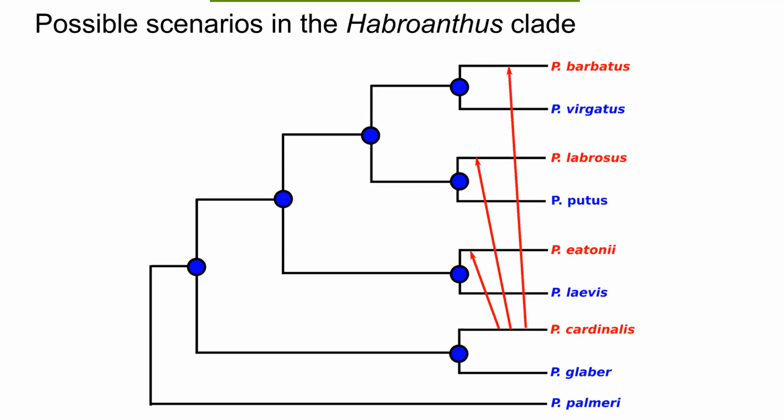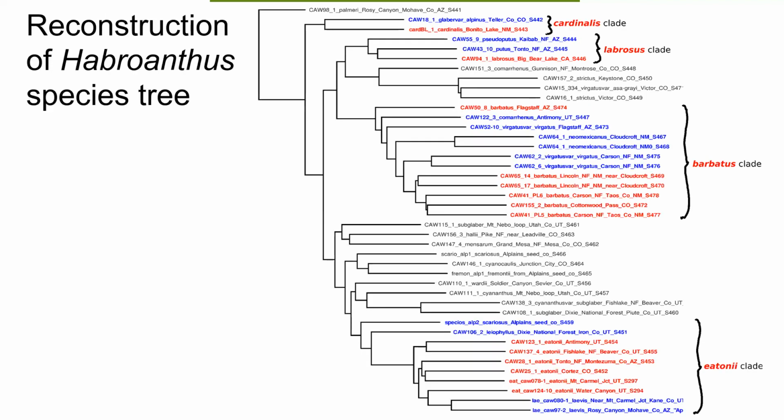So the question is, what actually happens and how can we figure that out? Going back to reiterate what I said before, you need to know pretty confidently what the tree of the species looks like and how they're related. So I took an approach where I used basically five different approaches.